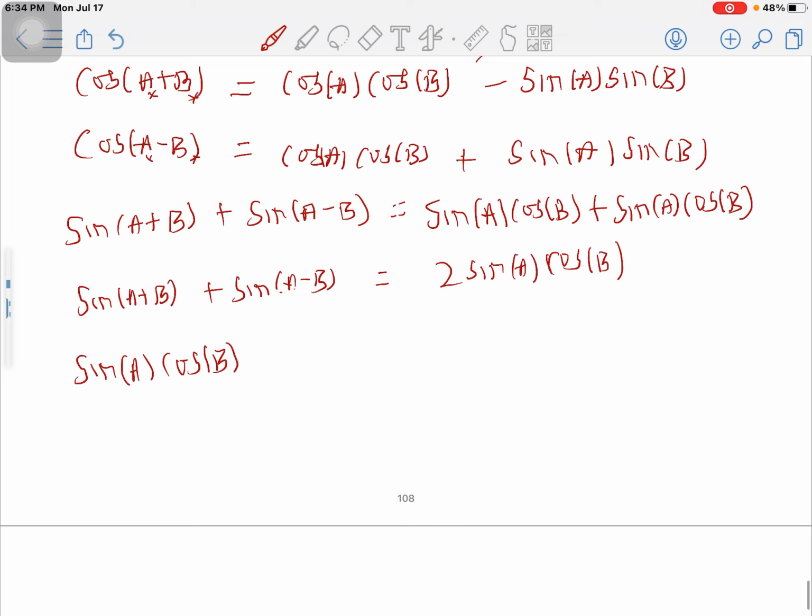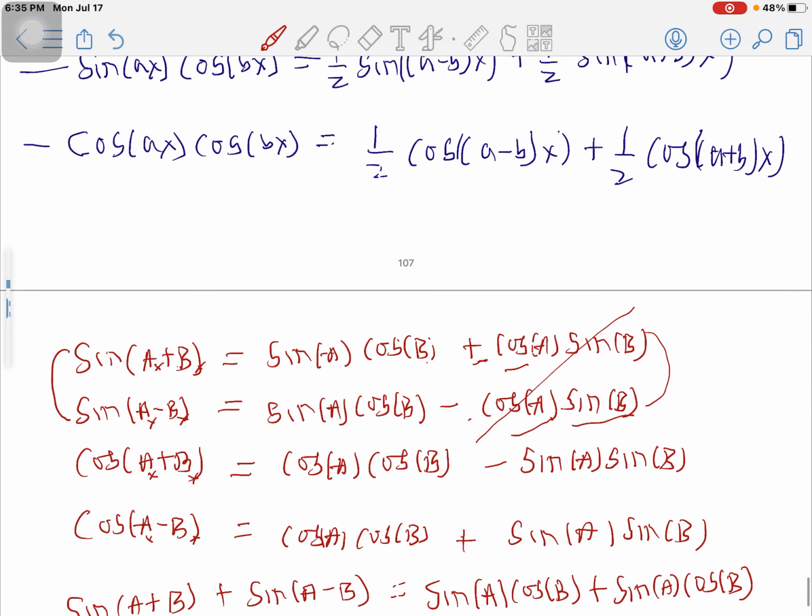And if you want to make sine a cos b the subject, we divide both sides by 2, and we are going to get 1 over 2 sine (a plus b) plus 1 over 2 sine (a minus b).